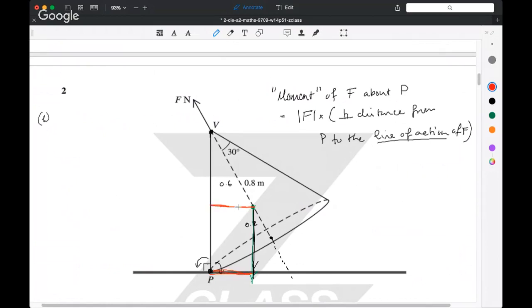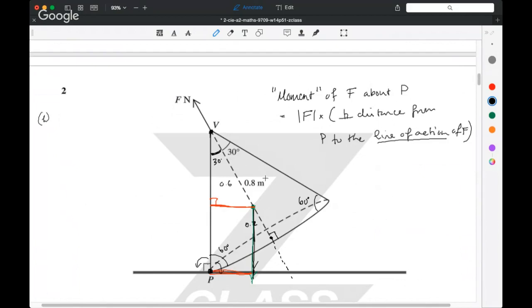So it's this completely horizontal distance. That's a right angle. We can work out very easily that this angle is also 30 degrees. How do we know that? Well, this is a right angle, so this must be 60 degrees. Therefore, this must be 60 degrees because it's a cone, it's symmetric. Therefore, that must be 30 degrees.